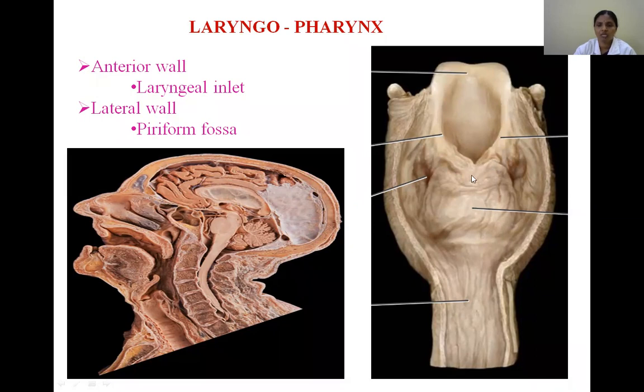What is that fold? It is called the aryepiglottic fold. Aryepiglottic means that in the midline two arytenoid cartilages are there, and the tip of the arytenoid is connected to the epiglottis by a fold, the aryepiglottic fold, and beneath this fold there is a muscle, the aryepiglotticus muscle.